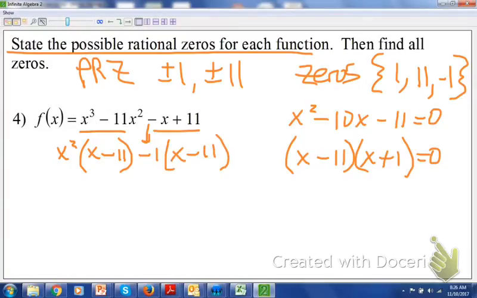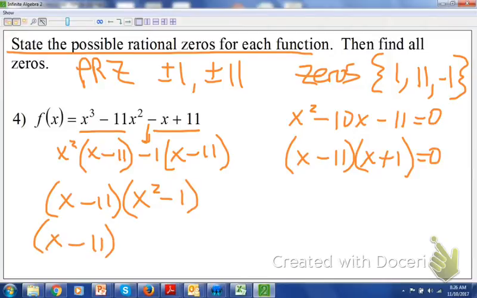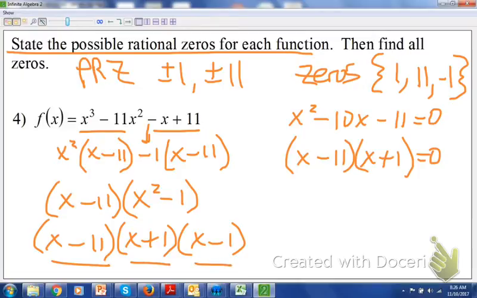So we can factor out x minus 11, and we're left with x squared minus 1, which will factor as the difference of 2 squares. So we can see the 3 roots from those 3 factors. All right, so don't rule out factoring as a possibility for solving these equations. Factoring can be a possibility right from the outset. And sometimes we're forced to factor.